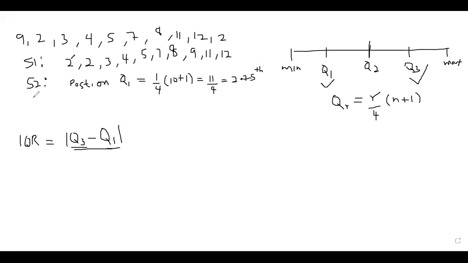So we have to go on to step 3 to look for the quartile itself, the first quartile. By conversion, this means the second position plus 0.75 of the distance between what?